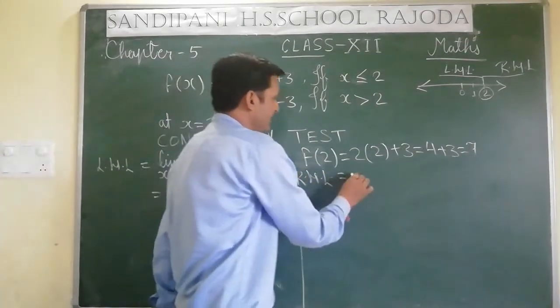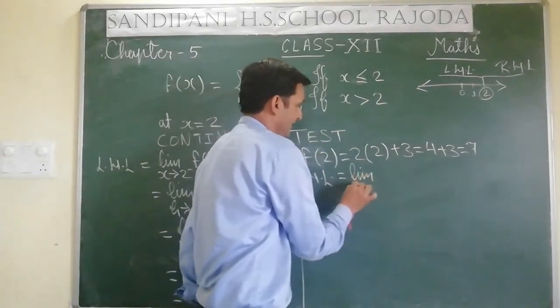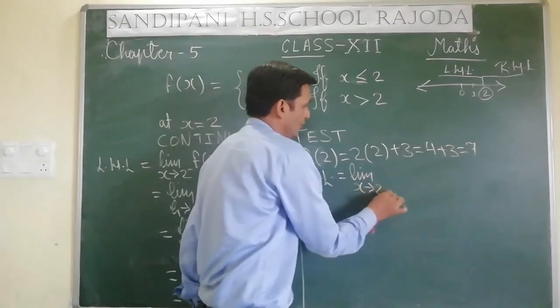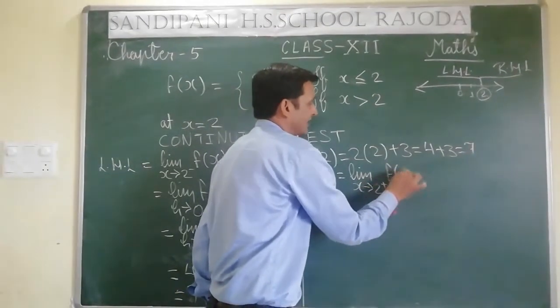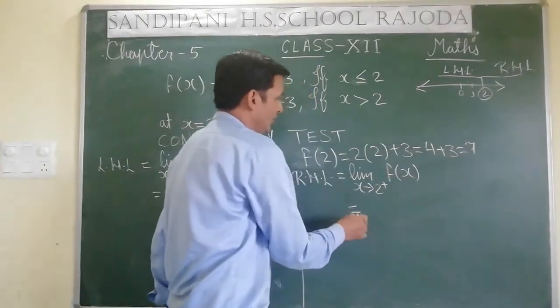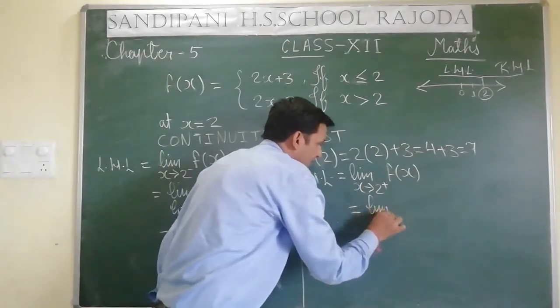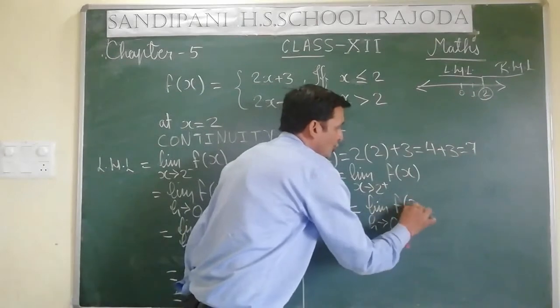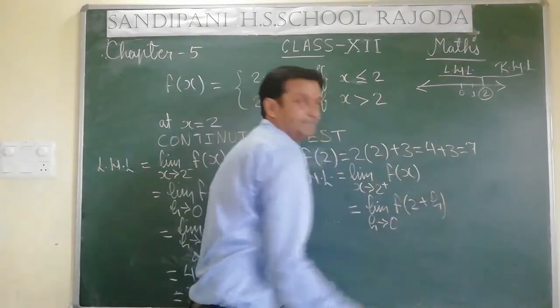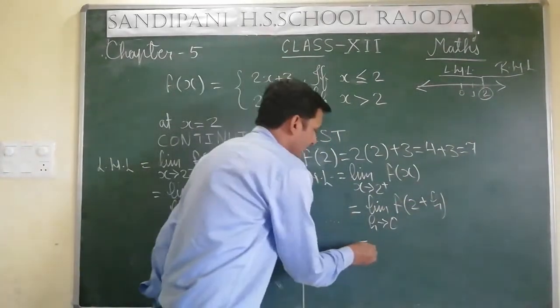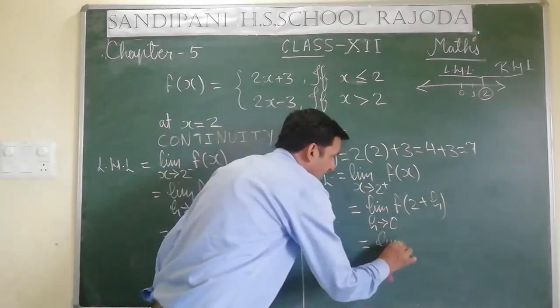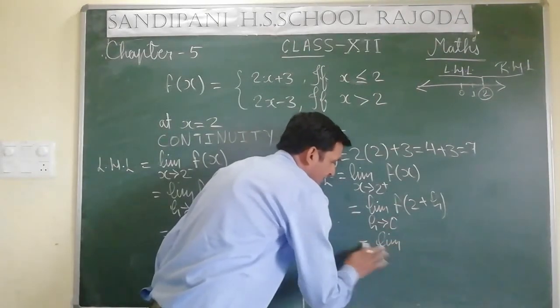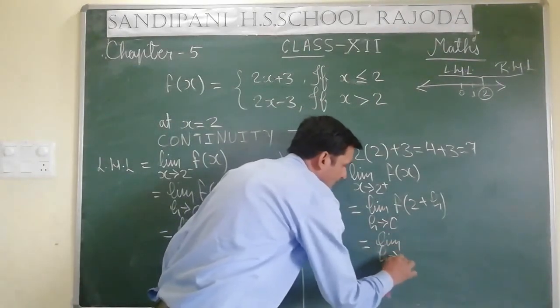Right hand limit means limit x tends to 2 plus f of x, that is equal to limit h tends to 0, f of 2 plus h. So it will be limit h tends to 0.